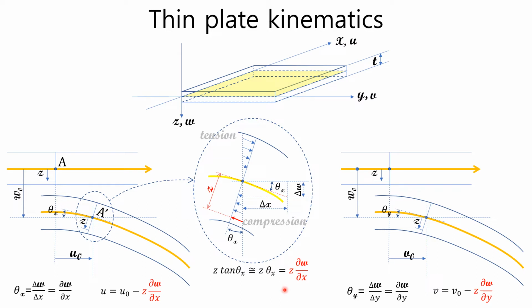Therefore, the displacement of this point is equal to z multiplied by partial w over partial x. Therefore, the displacement in the x-axis is equal to u0 minus z multiplied by partial w over partial x. In the same way, the displacement in the y-axis is equal to v0 minus z multiplied by partial w over partial y.